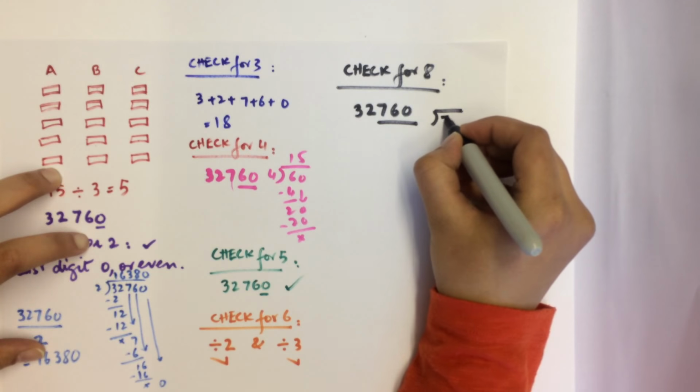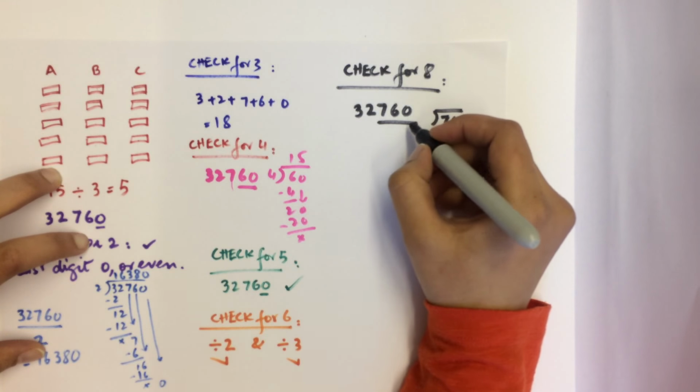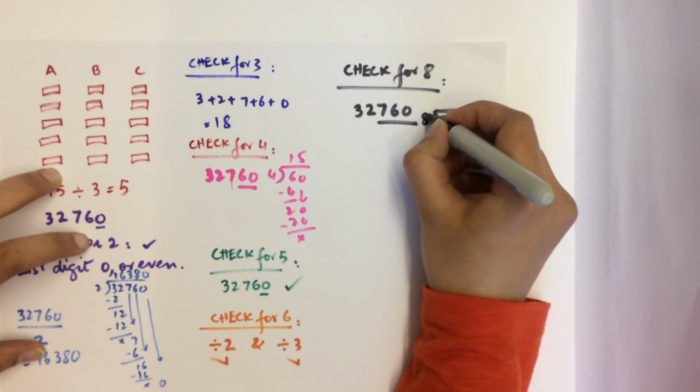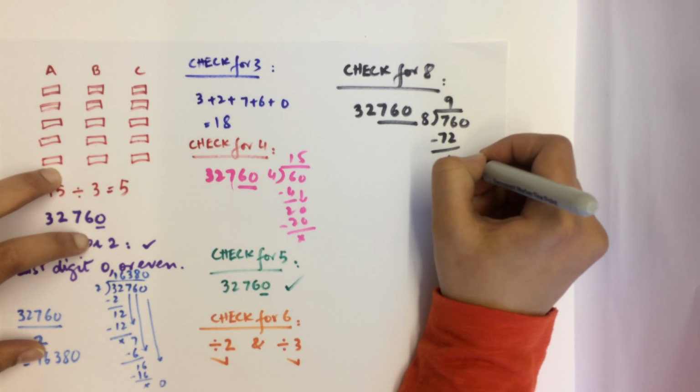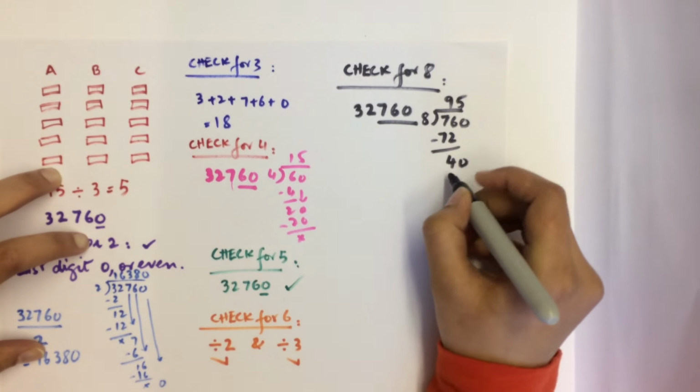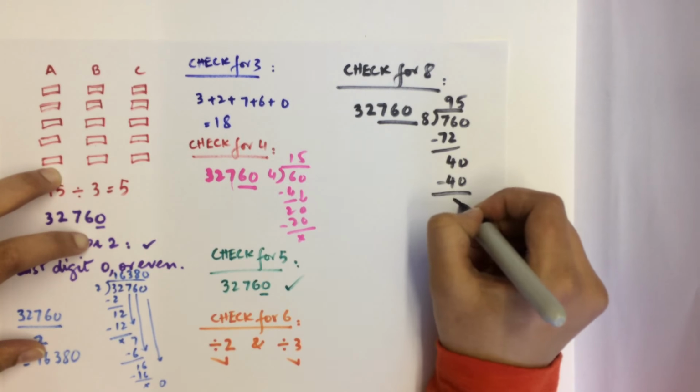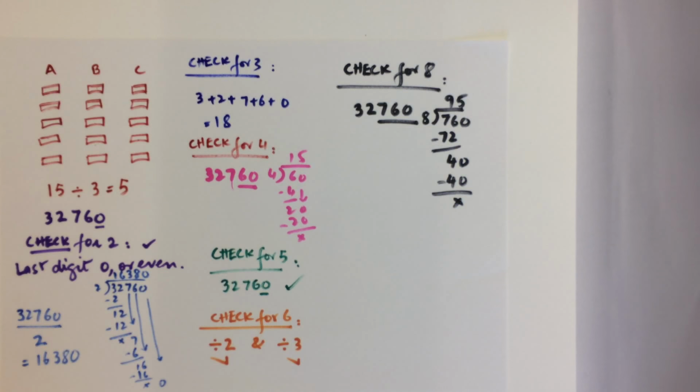Let's quickly check that. 760 divided by 8. 8 times 9 is 72, 8 times 5 is 40. The number 760 is divisible by 8, hence the entire number 32,760 is divisible by 8.